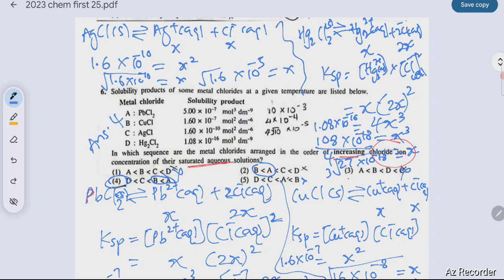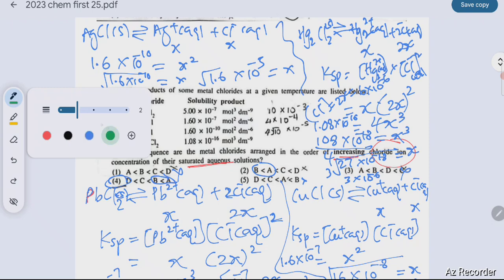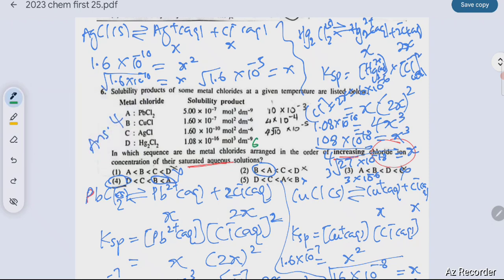So x is 3 into 10 to the power minus 6. Now in Cl minus we have 2x. So that is 2 into 3 into 10 to the power minus 6, which is 6 into 10 to the power minus 6 M.